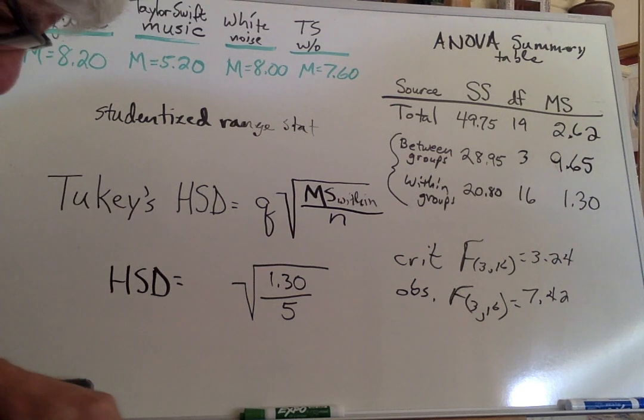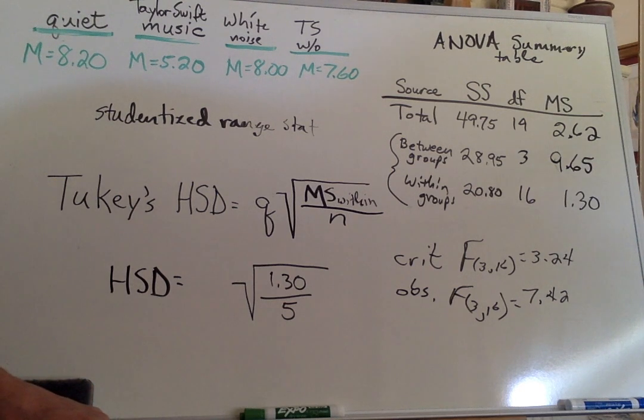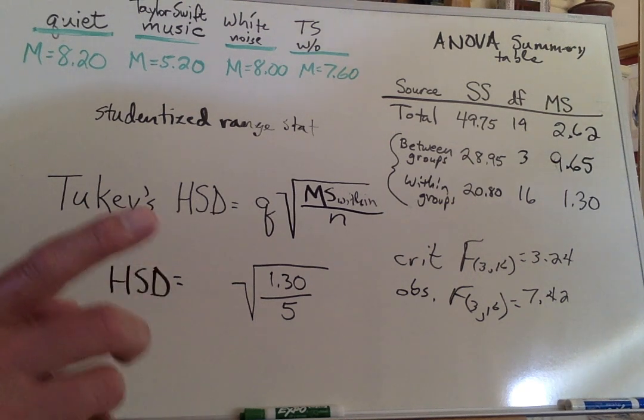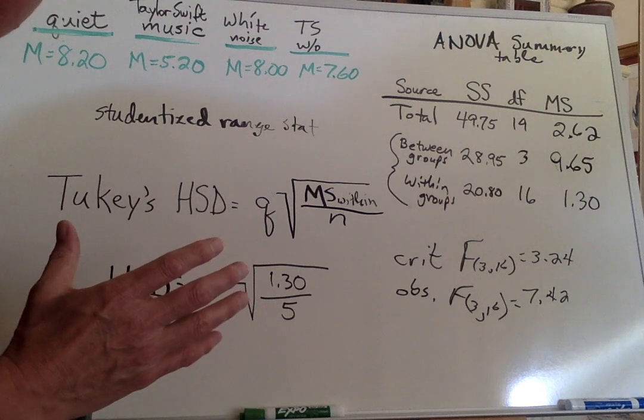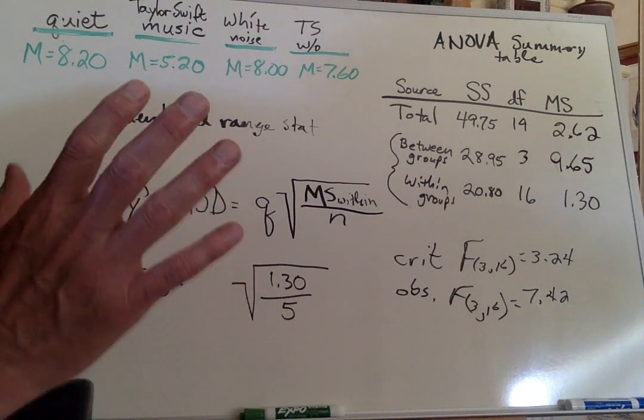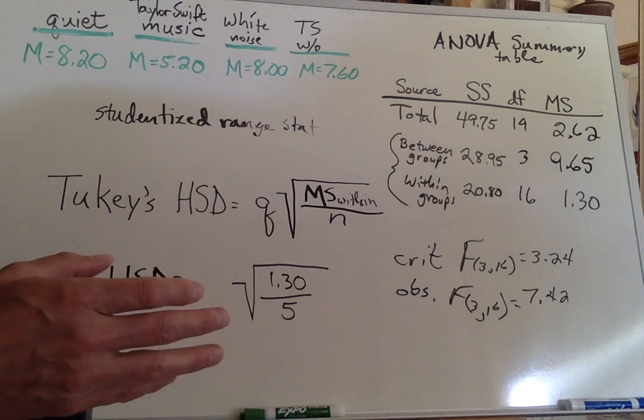Along the left-hand side, it says degrees of freedom for the error term. Now, this is something that we need to pay attention to. This is the basic analysis of variance. There are other flavors of analysis of variance.